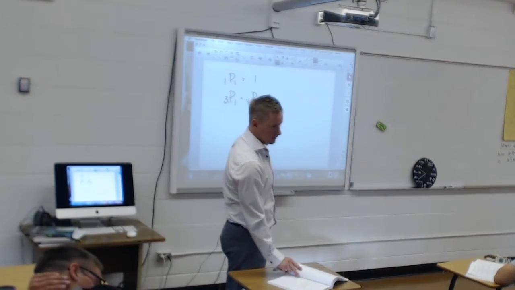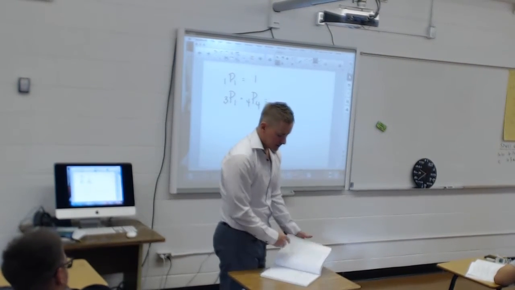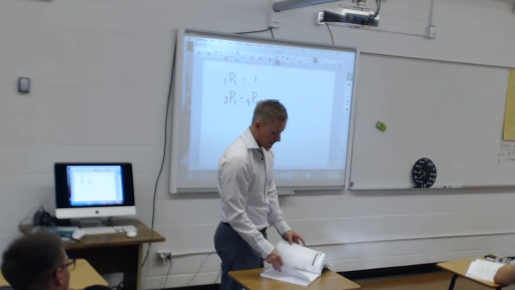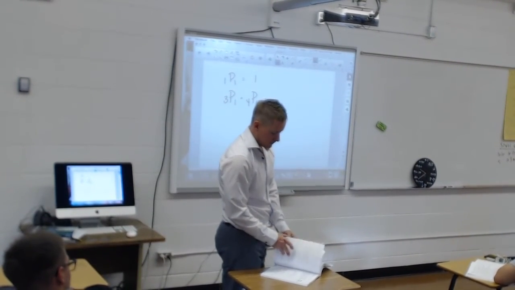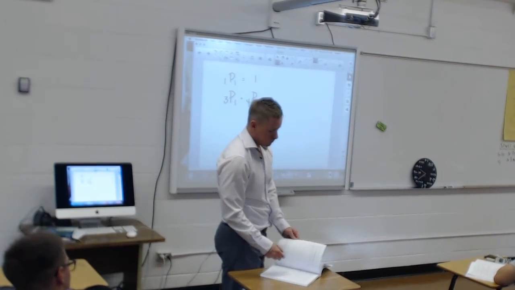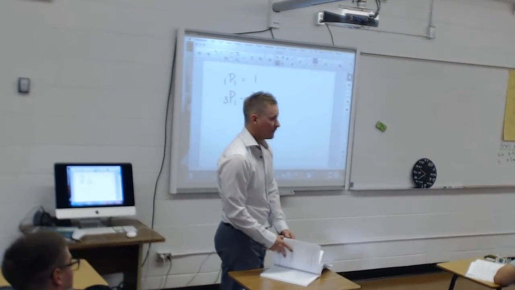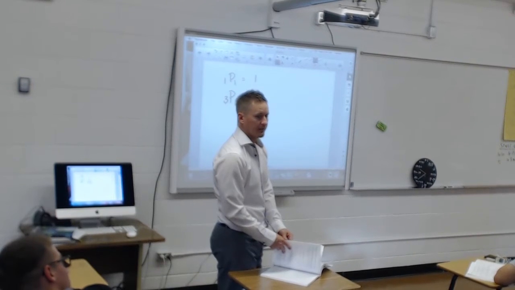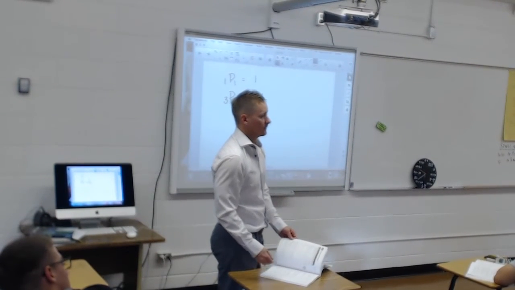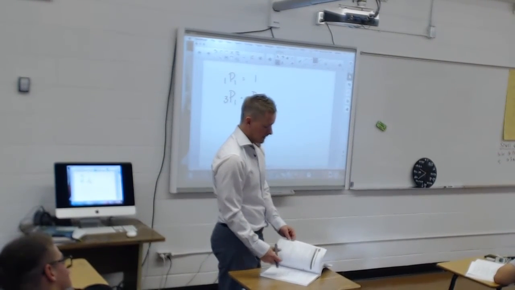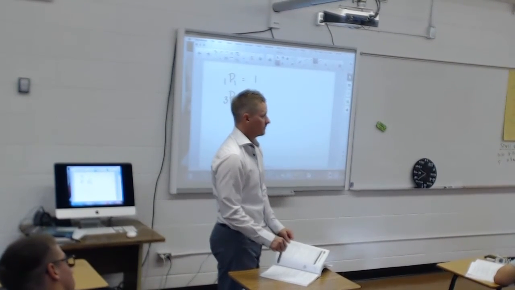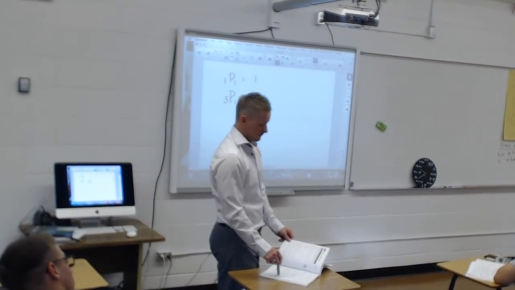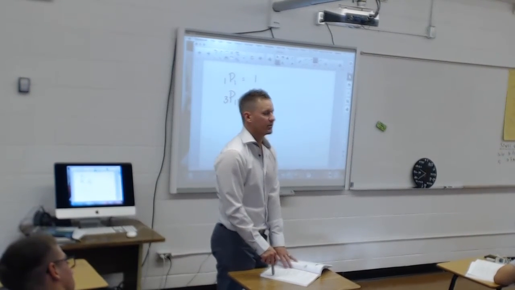Alright, so my expectations for this week: you should be done to the end of 4 or 5 for Thursday, when I get back. So you have to have this completed to the end of 4 or 5 for Thursday.